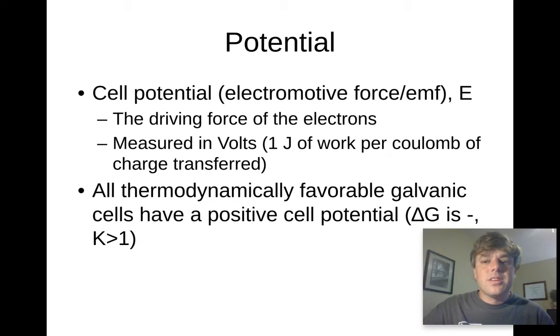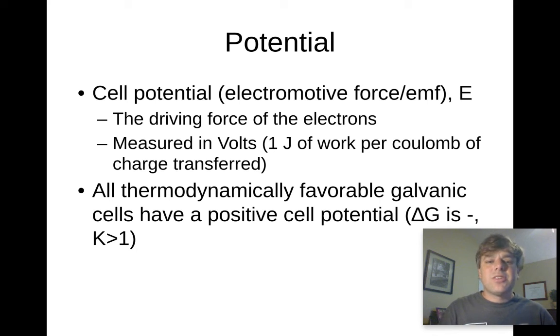And a coulomb of charge is essentially the amount of charge contained on a specific number of electrons. Now, all thermodynamically favorable galvanic cells, in other words, these things that produce a voltage, where a reaction happens, have a positive cell potential, meaning that their change in Gibbs free energy is negative and their equilibrium constant is greater than 1. So all three of those things play together.